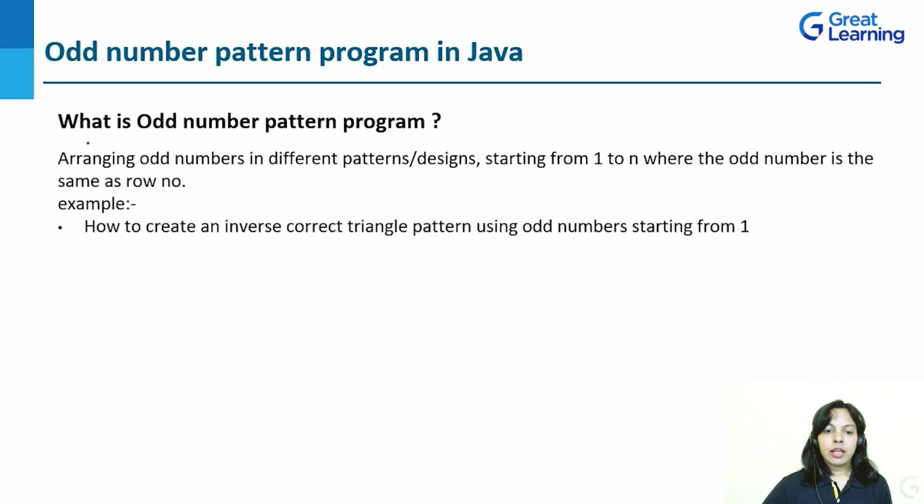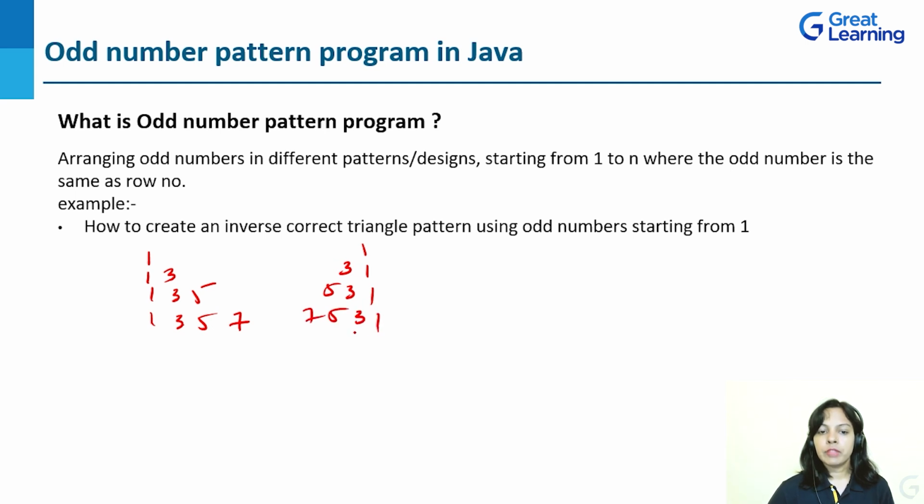For example, I can display the odd numbers like 1, 1 3, 1 3 5, 1 3 5 7. I can display the odd numbers in some other pattern also, like for example, 1, 3 1, 5 3 1, 7 5 3 1. This is also one pattern. So there can be multiple patterns, but the logic of writing the program is somewhat similar. You have to use nested for loops and then write down a program here.